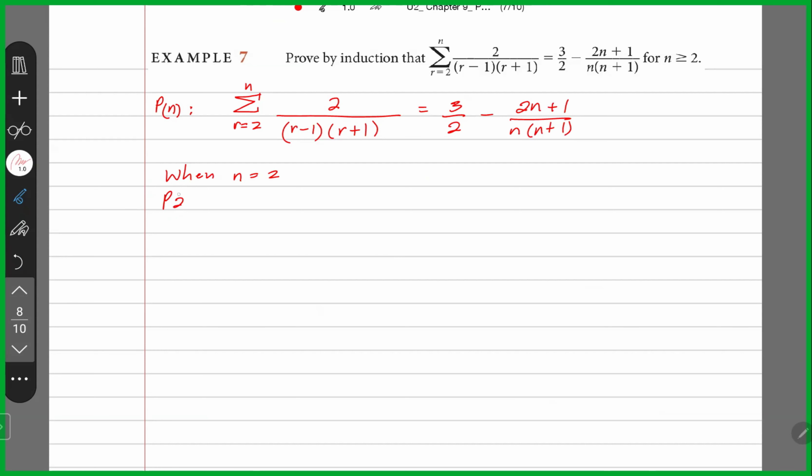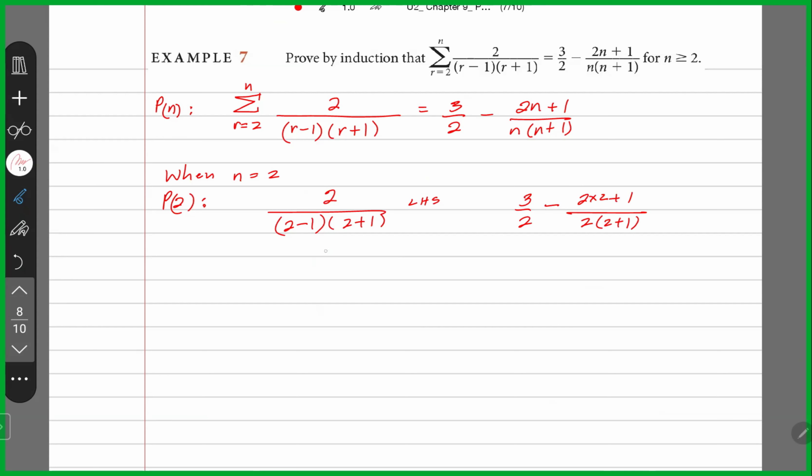So for P2, we get 2 over (2 minus 1)(2 plus 1). This is the left-hand side. And over the right, we have 3 over 2 minus (2 times 2 plus 1) over (2 times 2 plus 1).